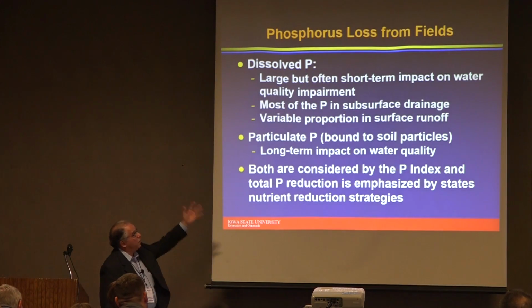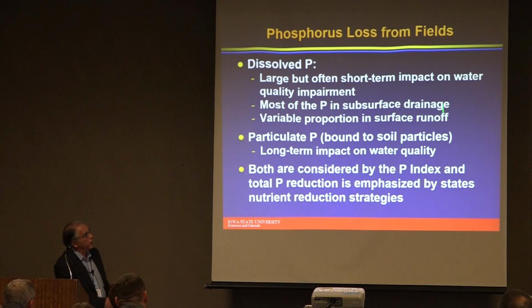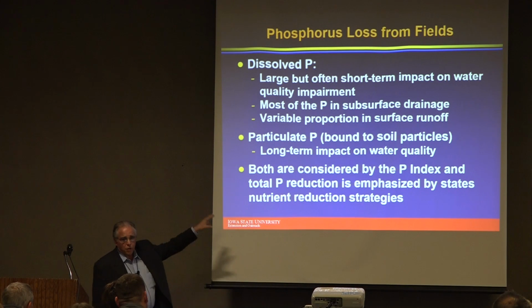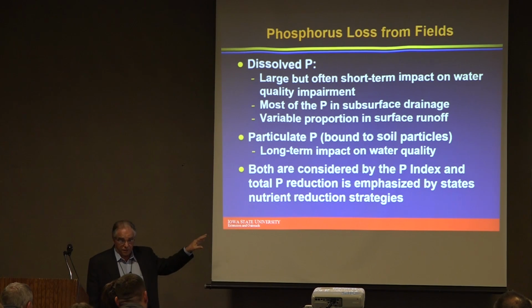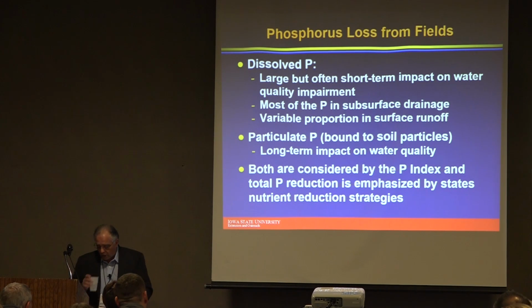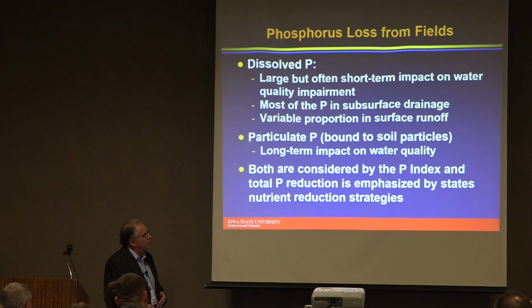Okay, so when we talk about phosphorus loss from fields, where we have mainly particulate and dissolved P loss, in the last conference last year, I talked about different management practices, including conservation practices, and how they affect the loss of dissolved P or particulate P. I'm not going to talk about that now.